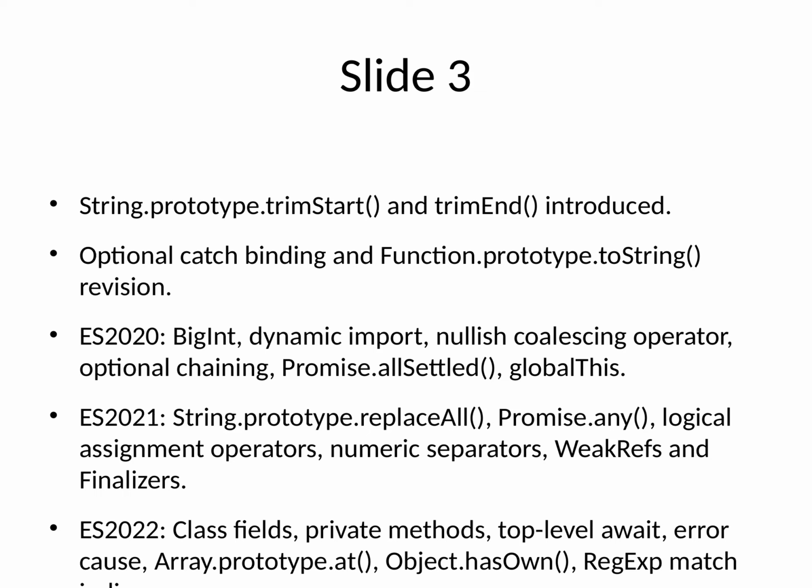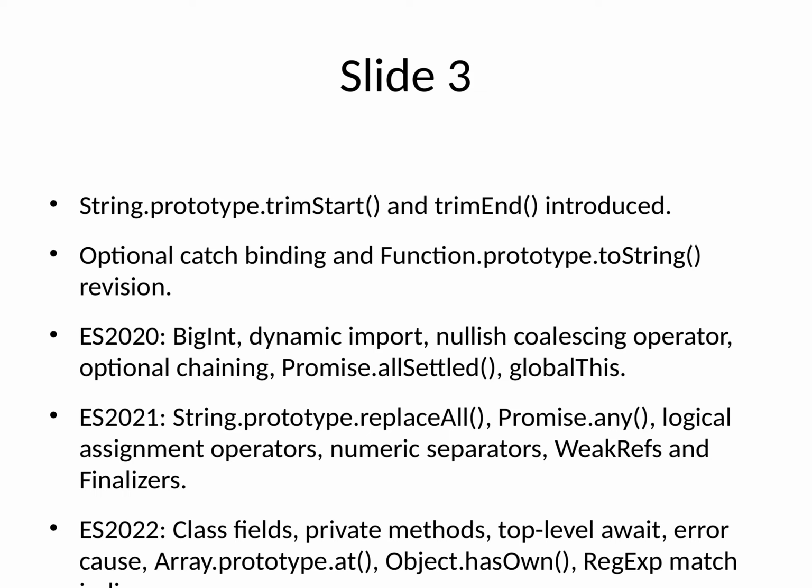In this presentation, we will explore key advancements in JavaScript and its ECMAScript standards over the years. Starting with String.prototype.trimStart and trimEnd, these methods allow developers to remove white space from the beginning or end of strings.